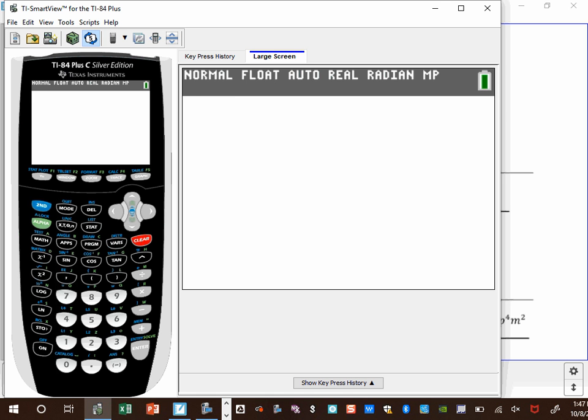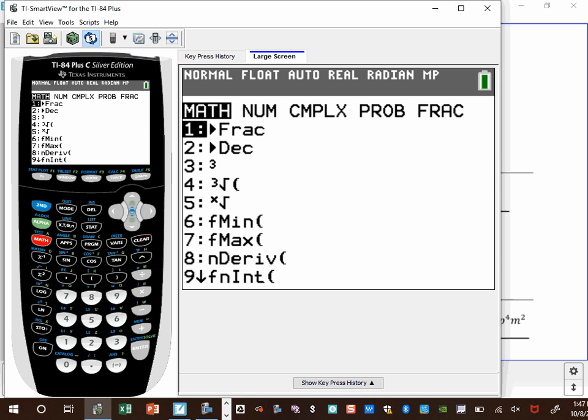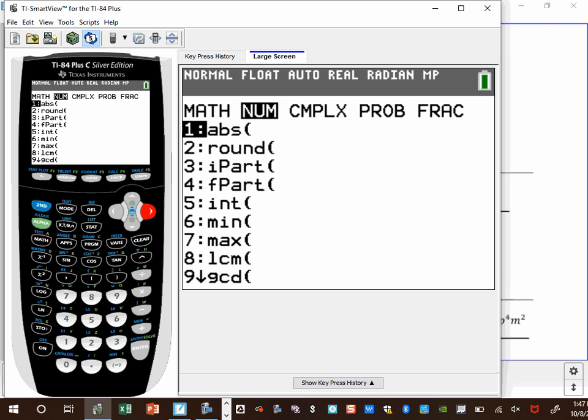Let's say that we have our number 1, which is 49A and 7, and I can't figure out what it's going to be. I'm going to hit the word math, that's right below alpha. From math, you go over to number. You guys see number 9 that says GCD?